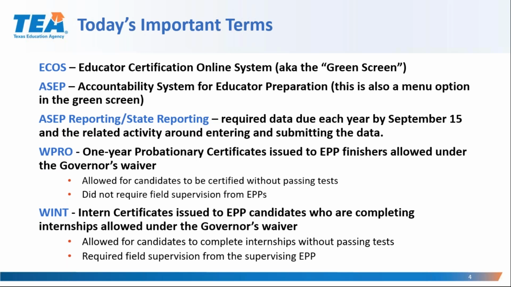Finally, the WINT or WINT certificates are the intern certificates issued to EPP candidates who are completing internships allowed under the governor's waiver. These certificates allowed for candidates to complete internships without passing the required tests, and they required field supervision from the supervising EPP.